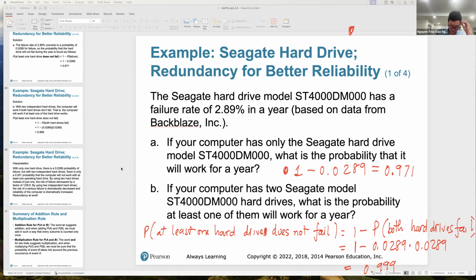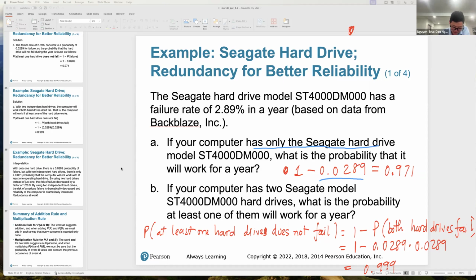So in this case, what is the interpretation that we should make for the conclusion? When you are done with the calculation, you have not done the problem yet. You have to write the interpretation for the probability, right? So in this case, you can say with only one hard drive, there is a 0.0289 probability of failure.